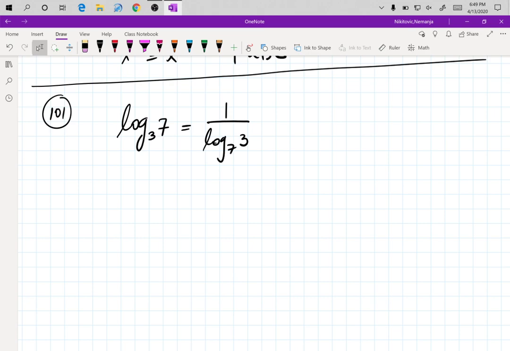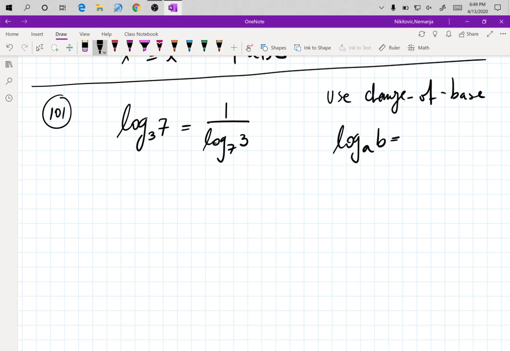So use change of base, where log a of b can be written as ln b over ln a, if you like it that way, it's fine.